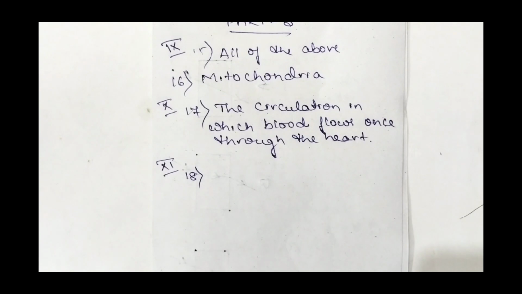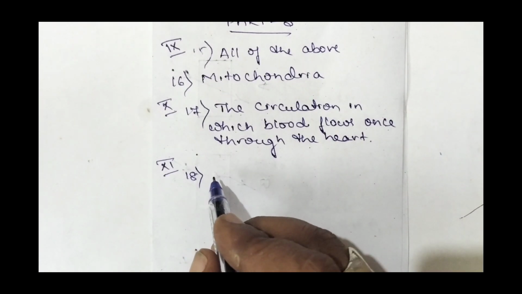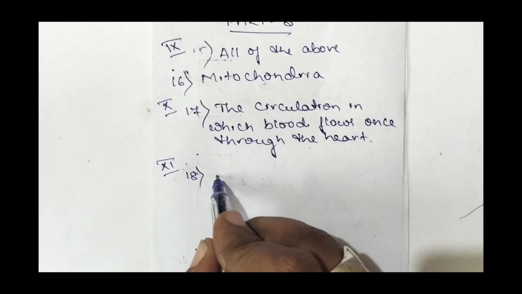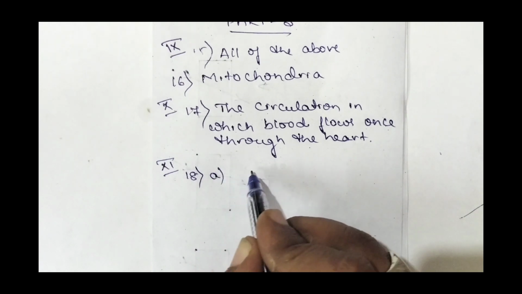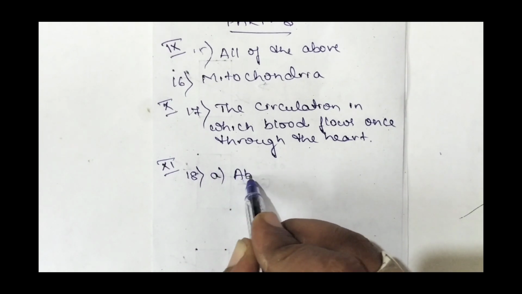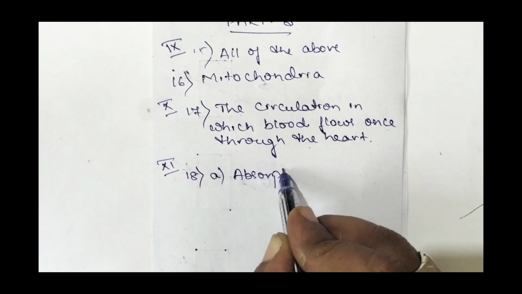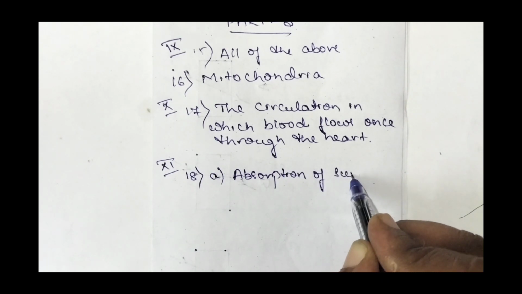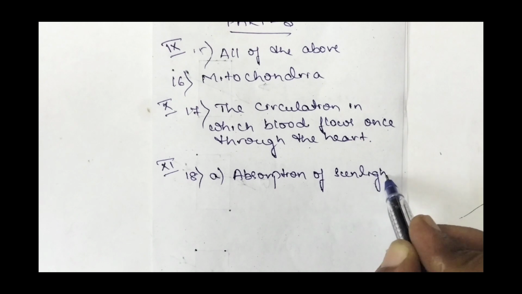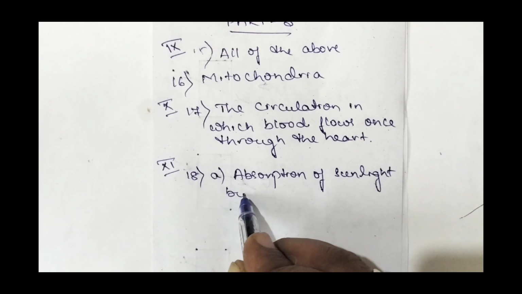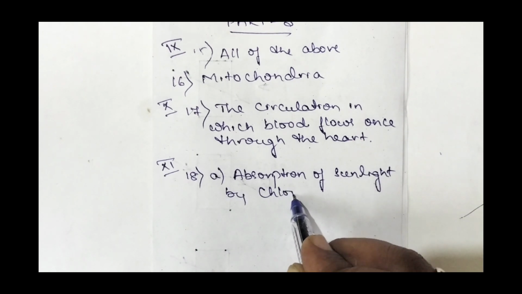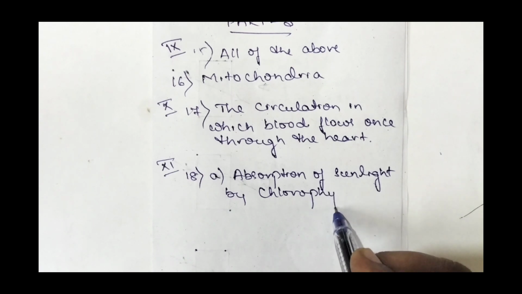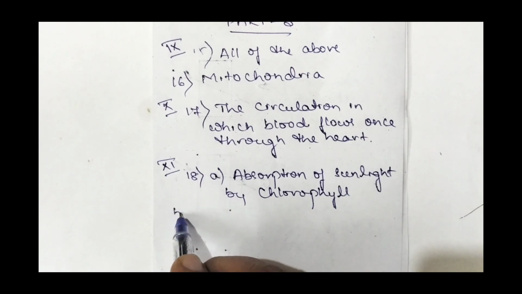There are three steps involved during photosynthesis in plants. The first step is always absorption of sunlight. So absorption of sunlight by chlorophyll. Chlorophyll will absorb the sunlight. So this is the first step.